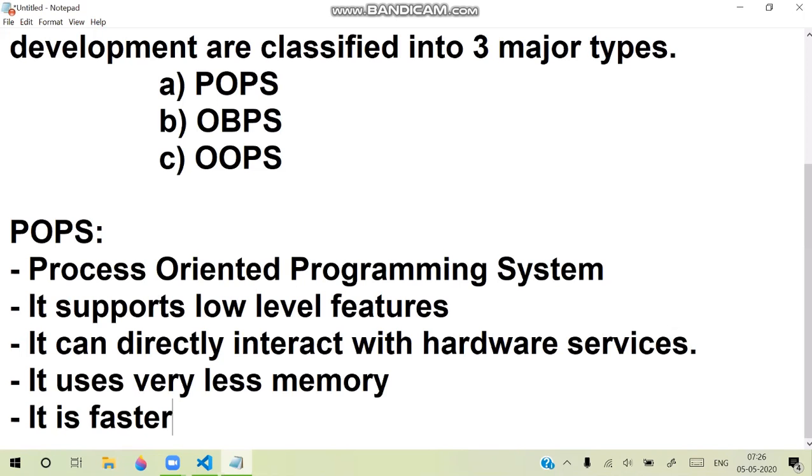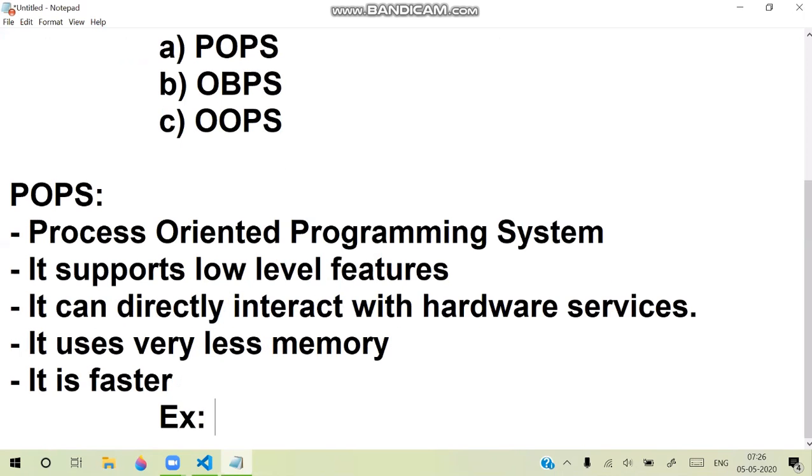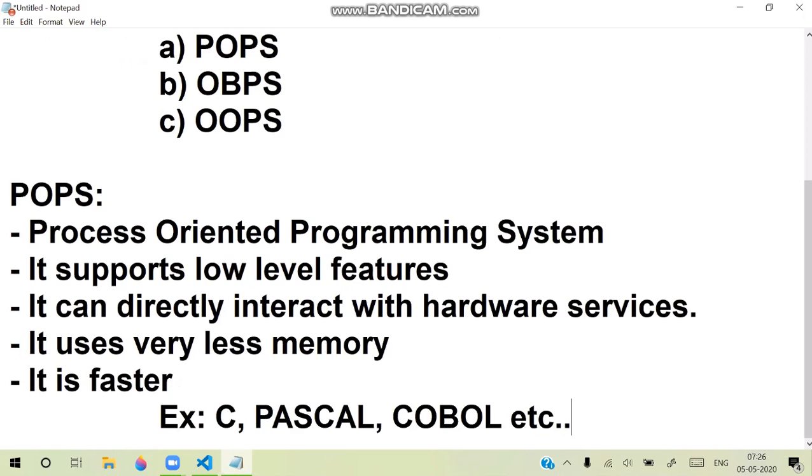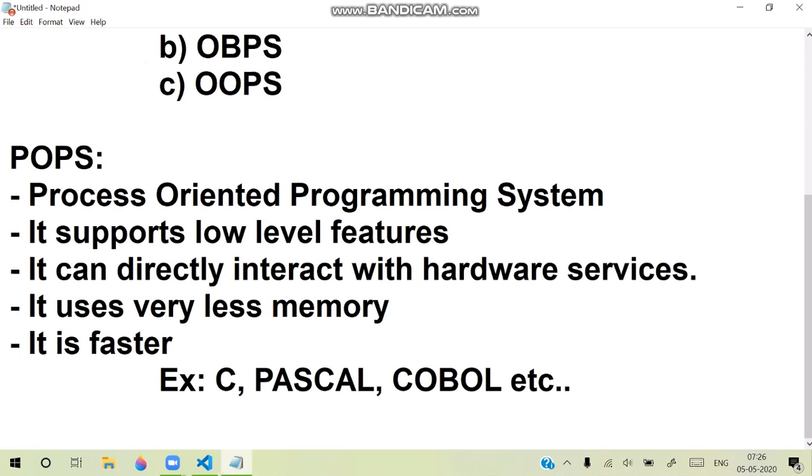It can run on a device which has very less memory also. So that is POPS. Examples for this are C, Pascal, COBOL. All these come under the category of POPS, process-oriented programming systems.